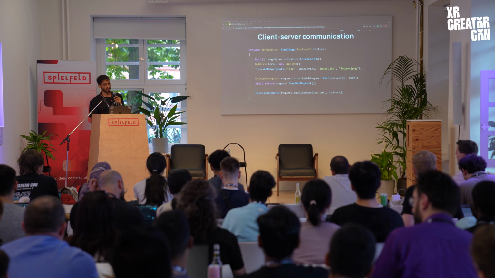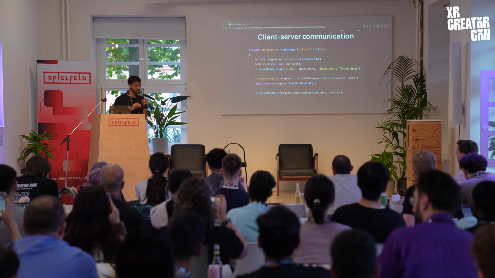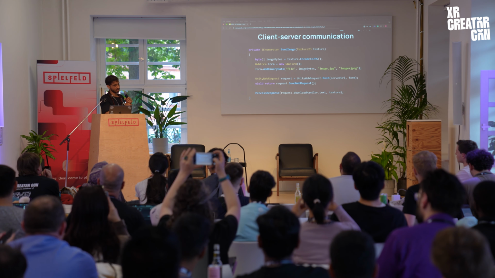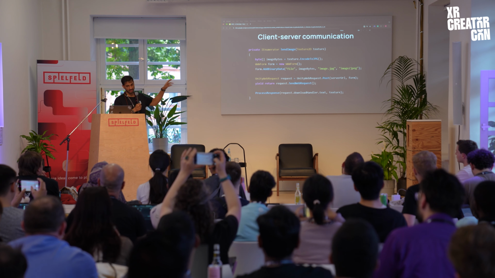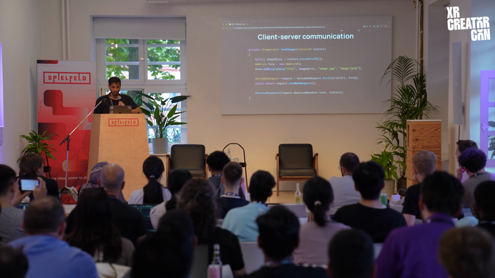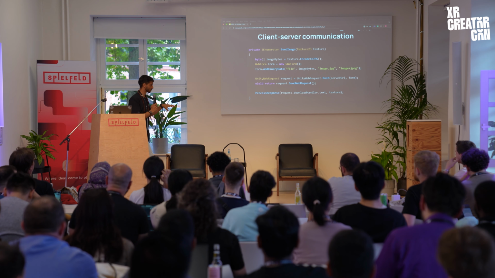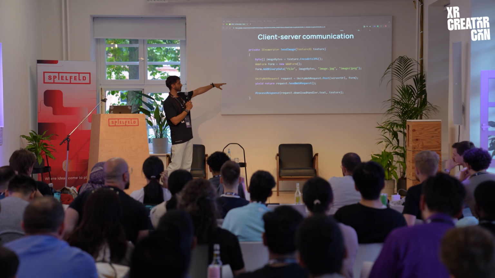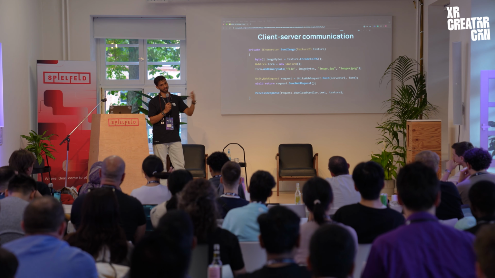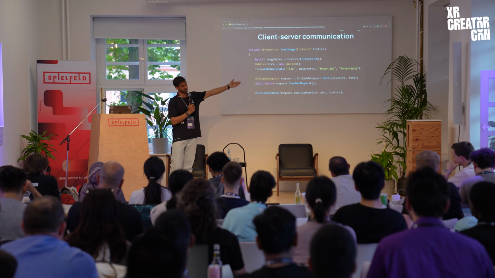Now, the next part is important, which is client-server communication. Here, I'm using HTTPS requests. I'm using Unity's library called WWWForm. This basically is a helper class that lets us take the image. So you're giving your file type. Image bytes is obviously going to be the byte data. And then we're giving our image name and the type of image.